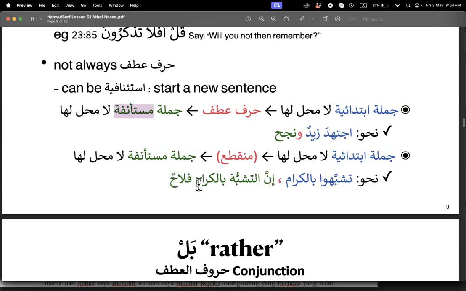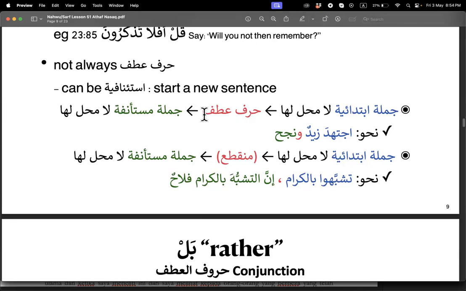Again, the next jumlah is still connected to this first part in meaning. But because this one does not have a mahal, this one also has none, and there's no harf atf anyway. So this one again is called jumlah musta'naf. Inshallah, so there are two ways you call something a jumlah musta'naf.